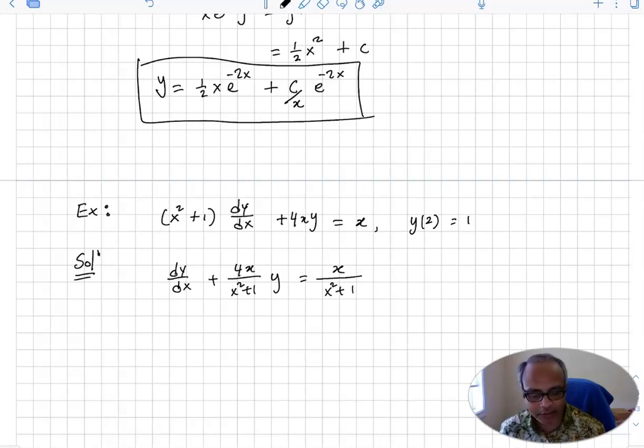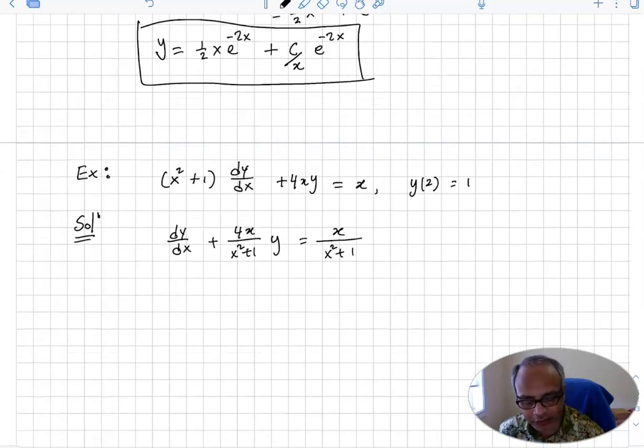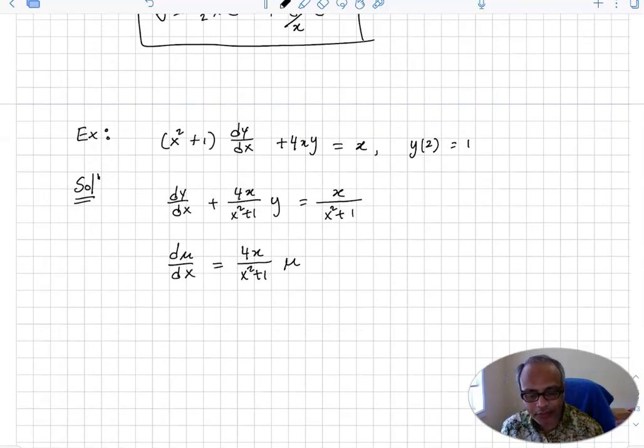Okay. So because it is a linear first order differential equation, we look for an integrating factor, and solve this separable equation.